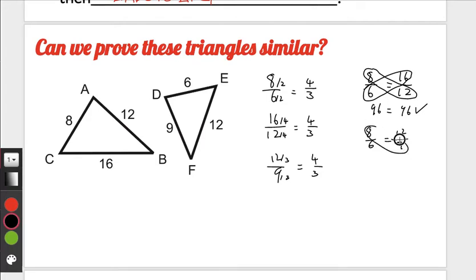Again, cross multiplication: 8 times 9 is 72, and 12 times 6 is 72. Okay, check. So using cross multiplication, you can prove these ratios are equal, and all three are the same.